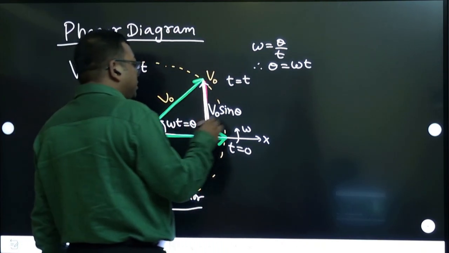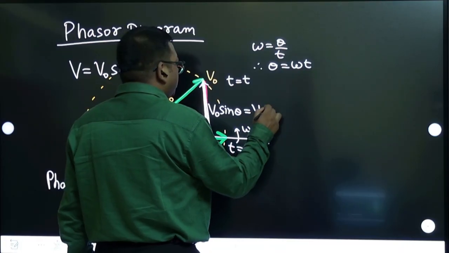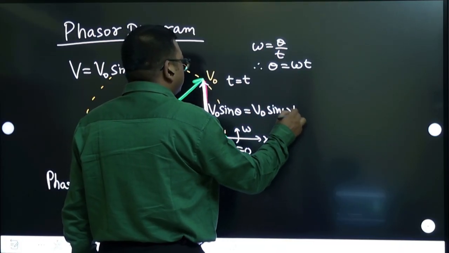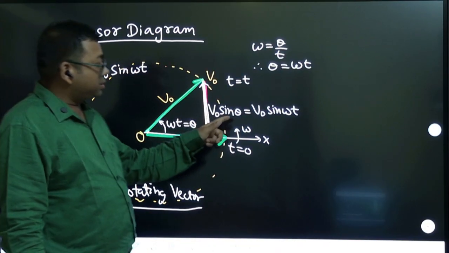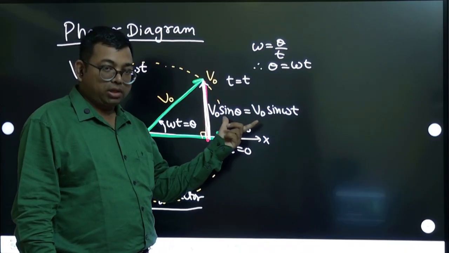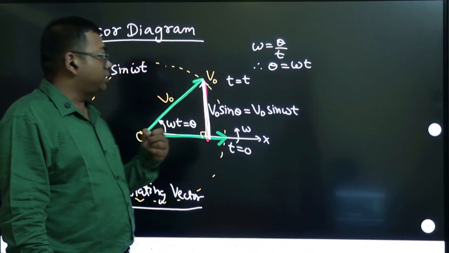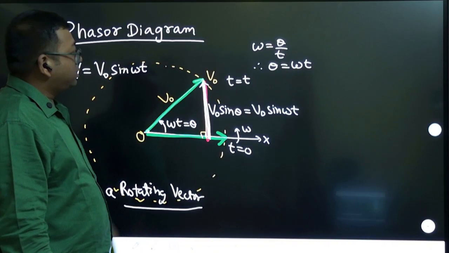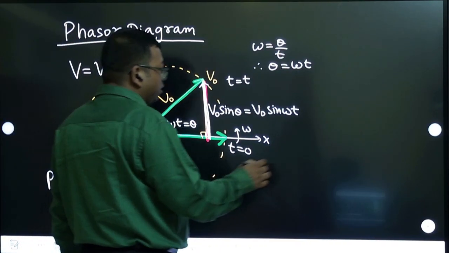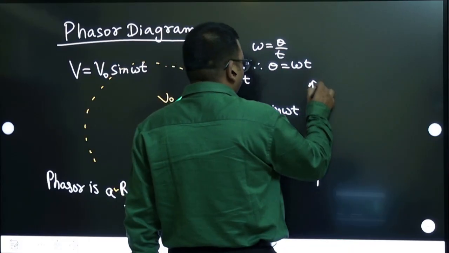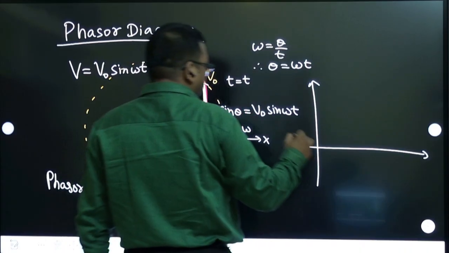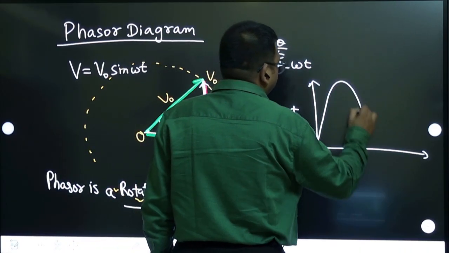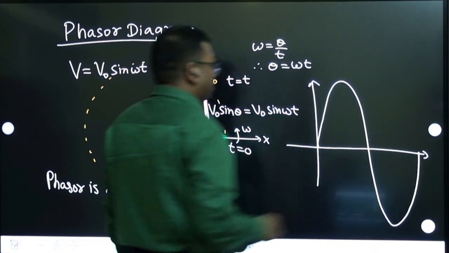As the angle changes, this V naught sin omega t term, where theta is omega t, will also change. We can understand this. Let us say time 0 is there. You can plot the sinusoidal graph, and note that the circle corresponds to one cycle.